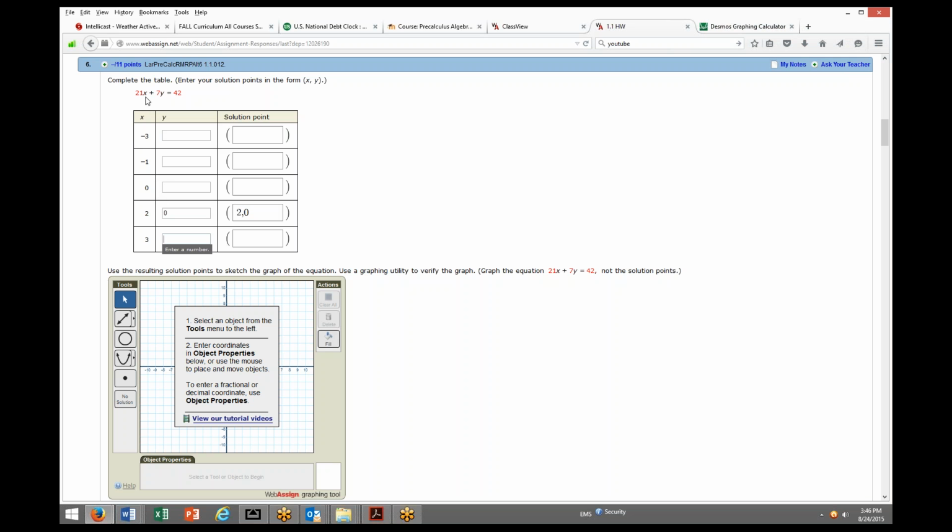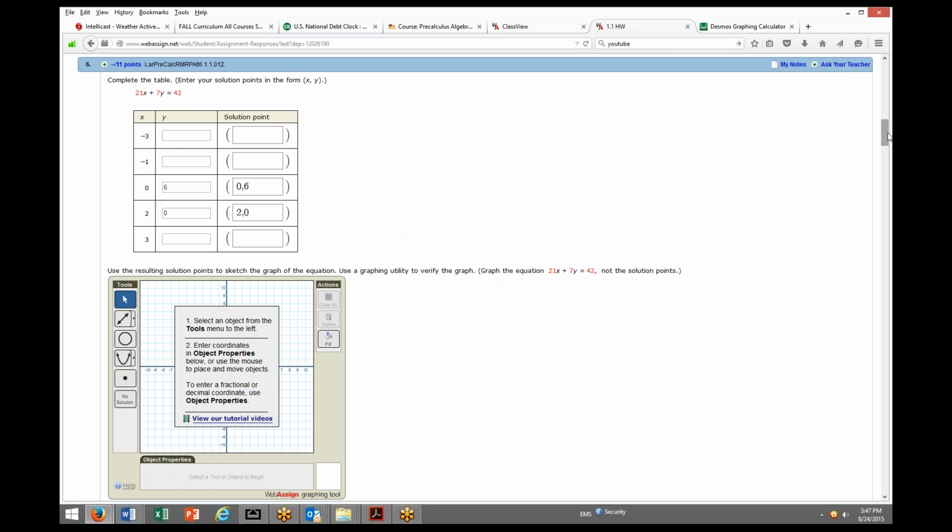If we let x be 0, 21 times 0 is also 0, so it's just flat out 7y equals 42. Well, with 7y equals 42, to solve for y, you simply divide both sides by the number in front of y, which is 7. And dividing 42 by 7 gives us 6. So when x is 0, y equals 6, and we've got a solution point (0, 6).